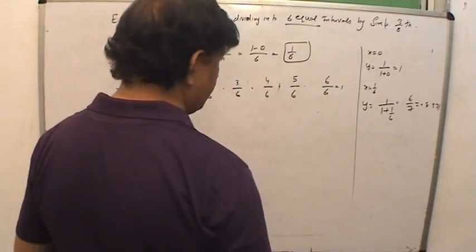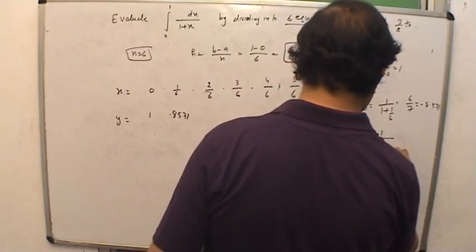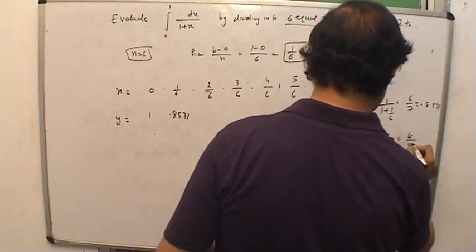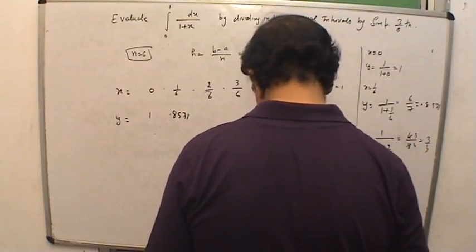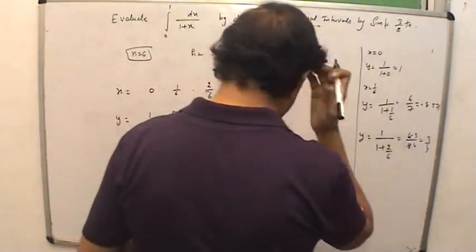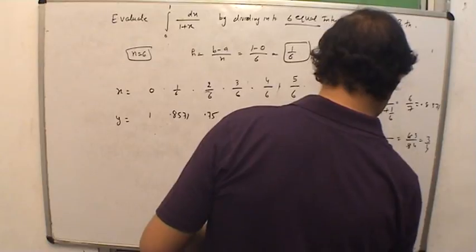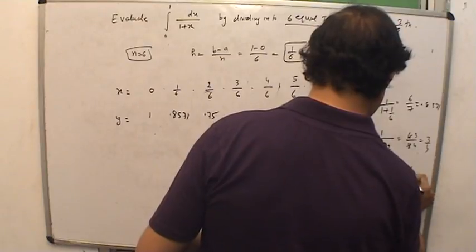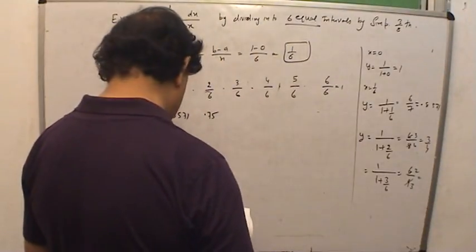Then for 2 by 6, y is equal to 1 upon 1 plus 2 by 6. It is 6 by 8, that is equal to 3 by 4. It is 0.75. Then y is equal to 1 upon 1 plus 3 by 6, that is equal to 6 upon 9, that is 2 by 3.